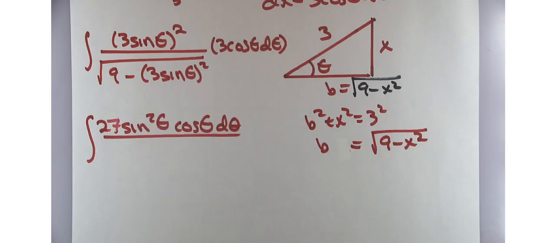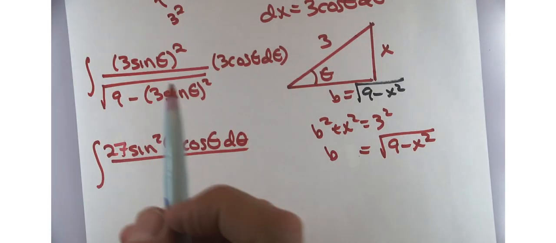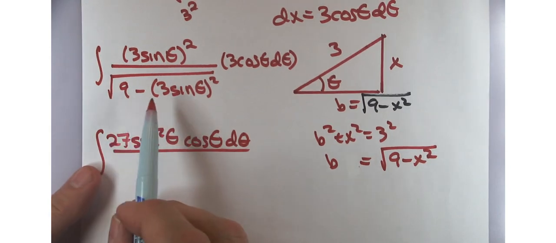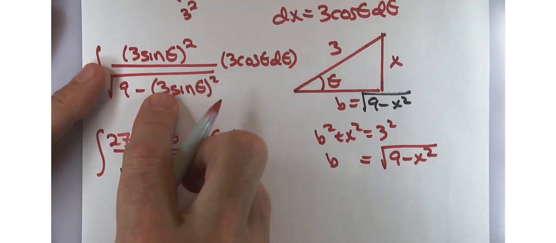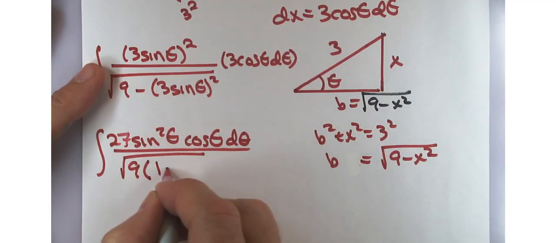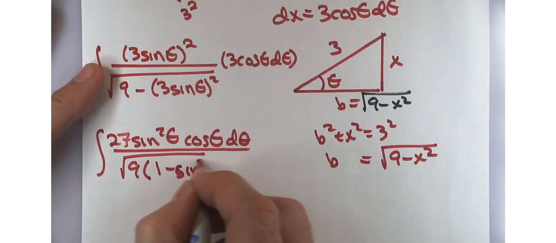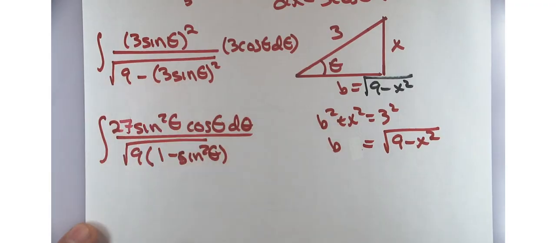All right. In the denominator, this term is going to simplify as 9 sine squared of theta, and it's going to be really 9 times 1 minus sine squared of theta. Now I'm doing a couple things: I'm squaring that out and I'm factoring out the 9. Why?